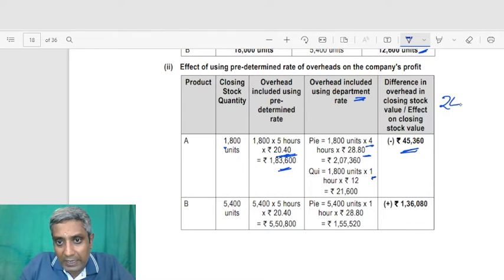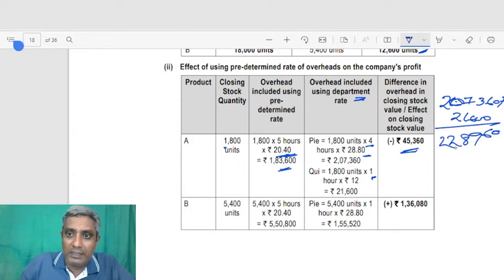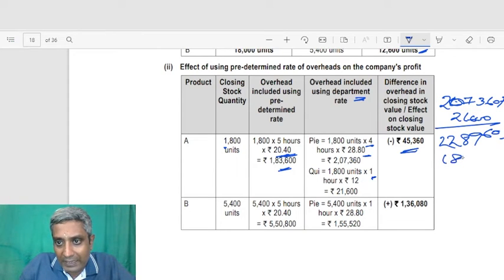It is 2,07,360 plus 21,600, and from that arrival, 2,28,960 minus this 1,83,600, you will get the answer as 45,360.